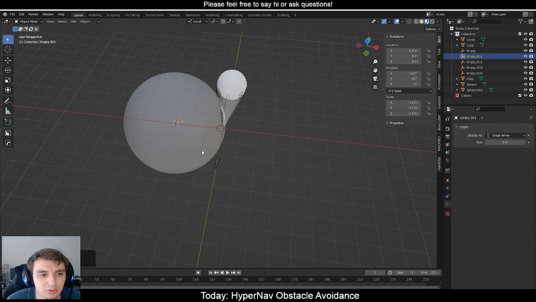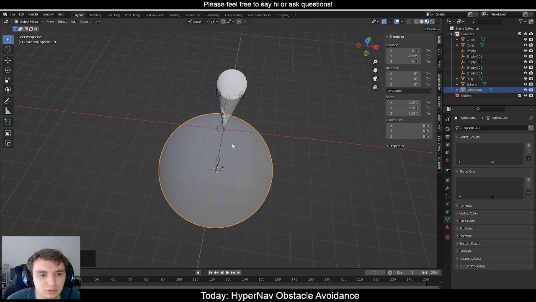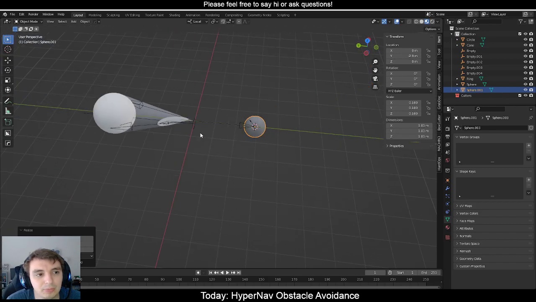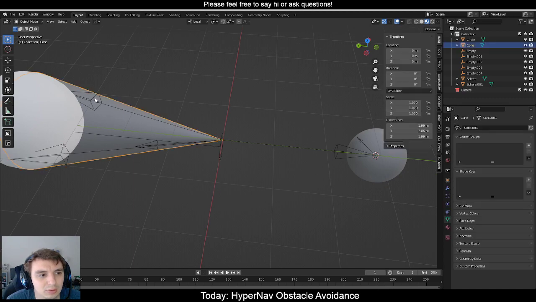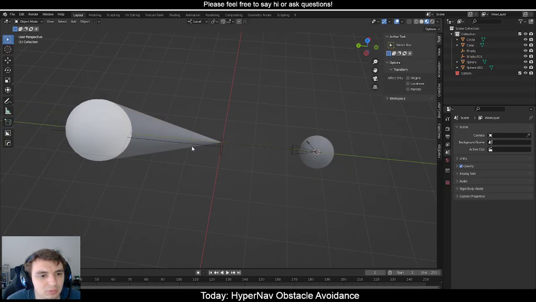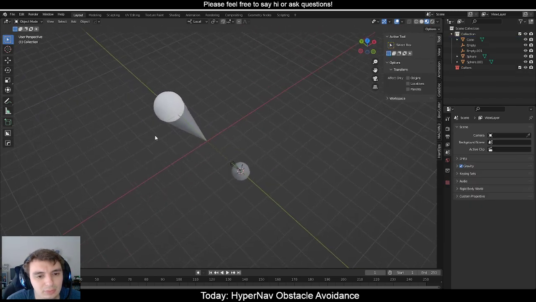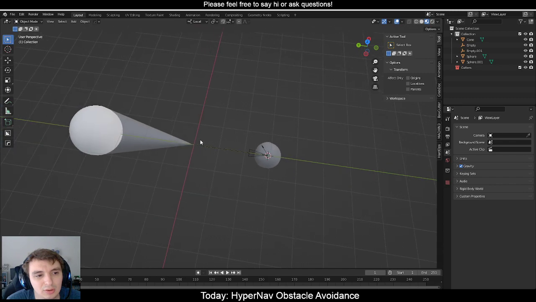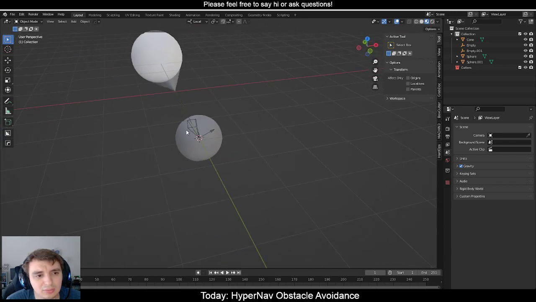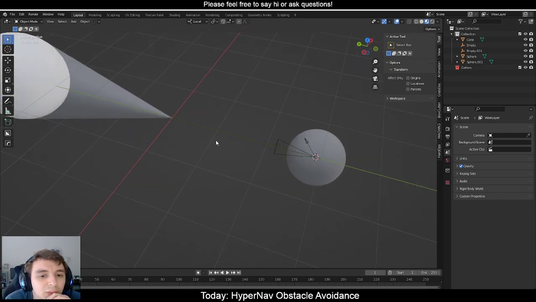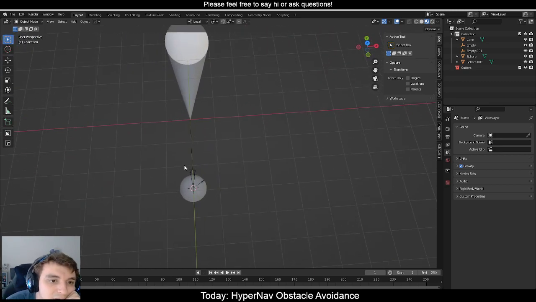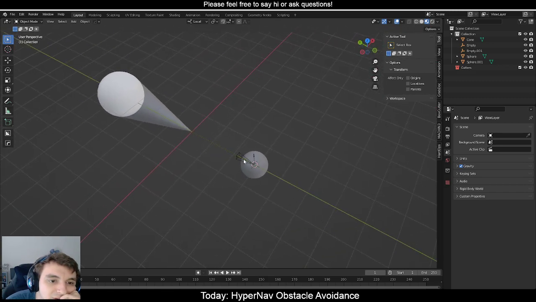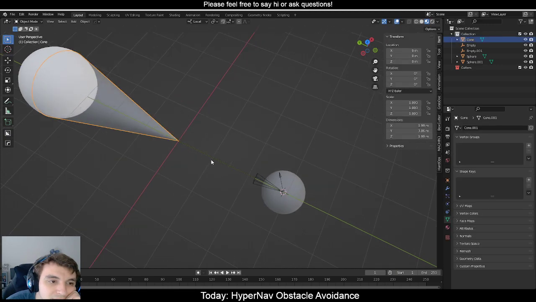Oops. No, damn it. So that's there. So if the sphere is moving towards me very quickly, and I can only move a little bit. Let's hide this.